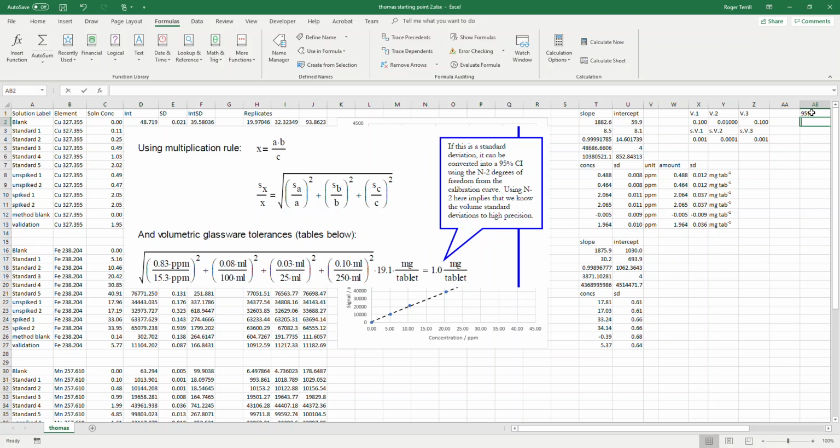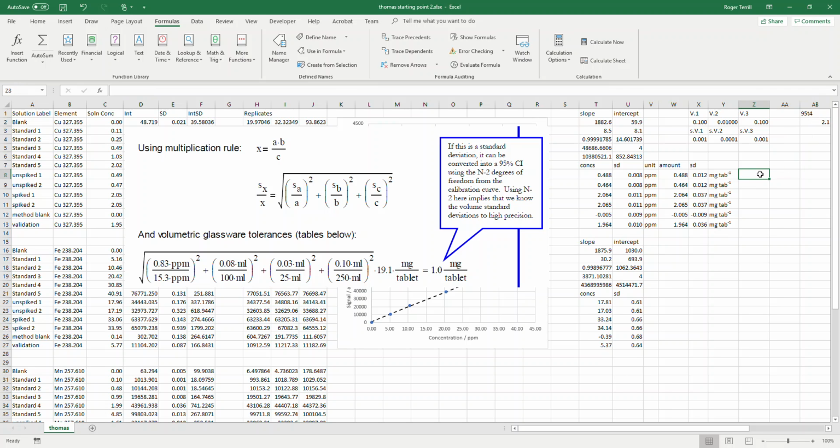And that's going to be equal to T dot inverse, and the probability is 0.05. Actually, I'm sorry, 0.95. And the degrees of freedom is 4. That's 6 calibration points minus 2, right? And I'll say enter there. That value is 2.1.